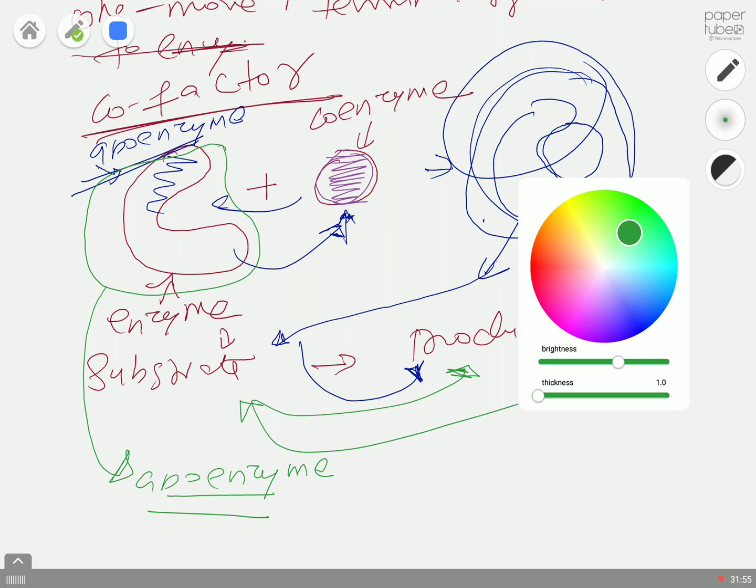And this unit, where the inactive enzyme is bound to a coenzyme and gets its catalytic property, we call a holoenzyme. These are some basic terminologies you should remember.